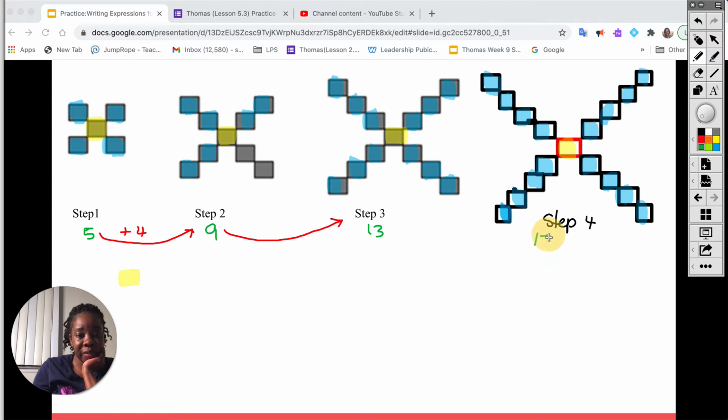So we have 17 squares on step 4. From 13 to 17, that's another plus 4. So we notice that there is a constant rate in this case.